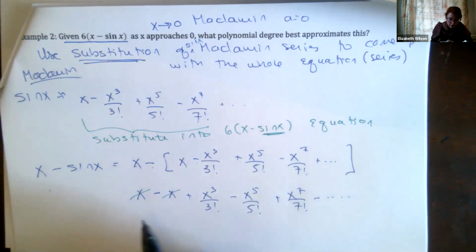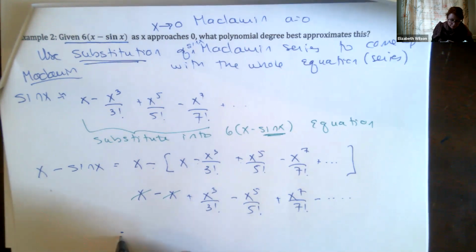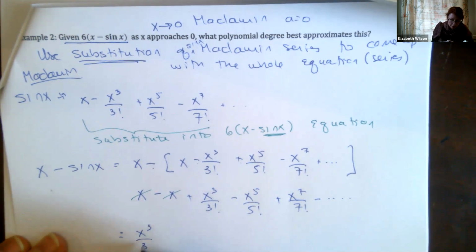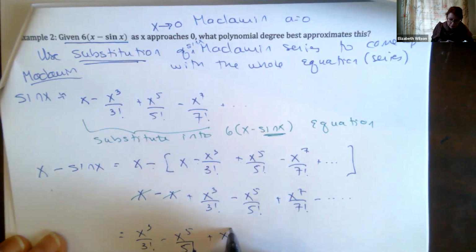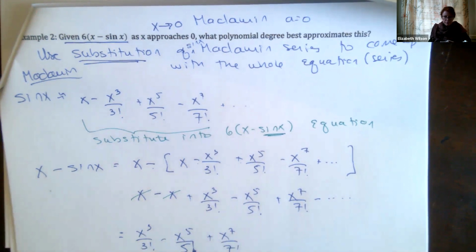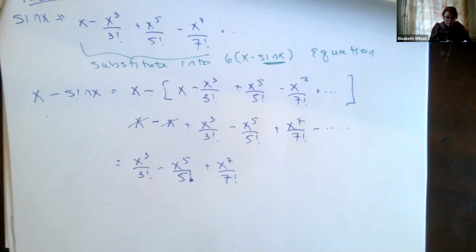So x minus sine of x is equal to x cubed over 3 factorial minus x to the 5th over 5 factorial plus x to the 7th over 7 factorial. Remember, our original equation was times 6.